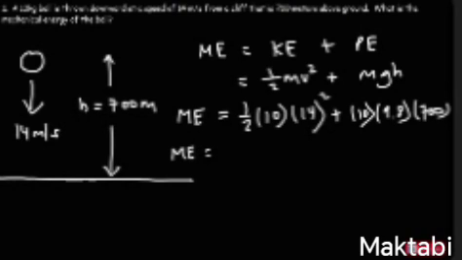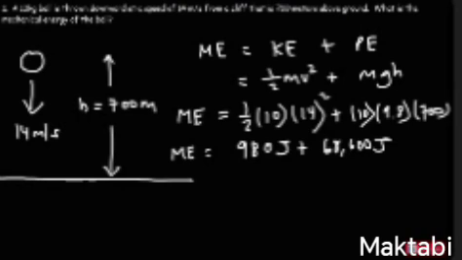So first, let's calculate the kinetic energy. 14 squared is 196 times 10, which is 1960 times 1/2. So we have 980 joules of kinetic energy. And then 10 times 9.8 times 700 is 68,600 joules of potential energy.